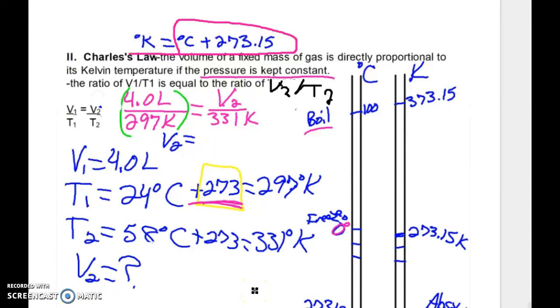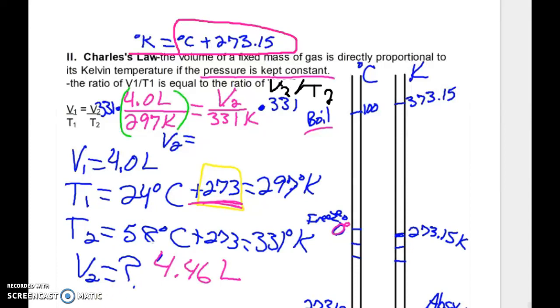So how am I going to get volume 2 by itself? Because the 331 Kelvin is on the bottom, you have to multiply both sides by 331 in order to solve this. If I do that with my handy dandy calculator, I end up with 4.46 liters.